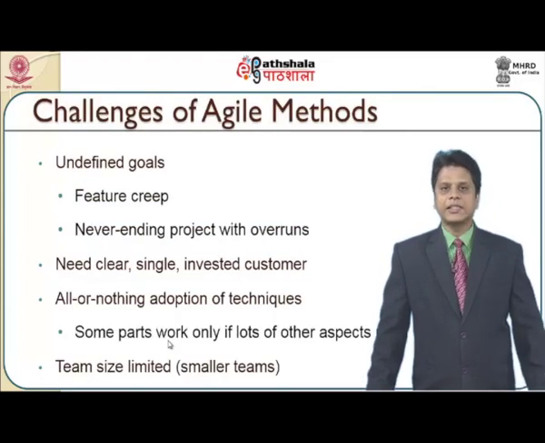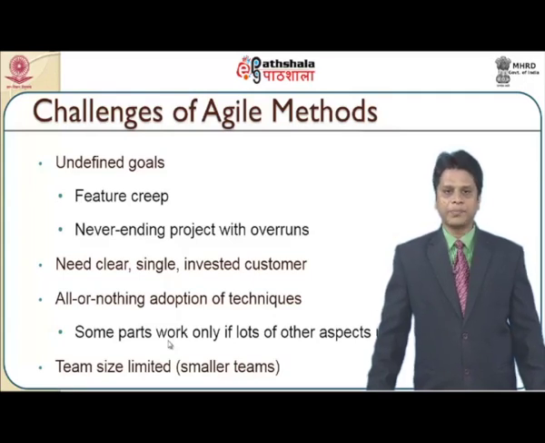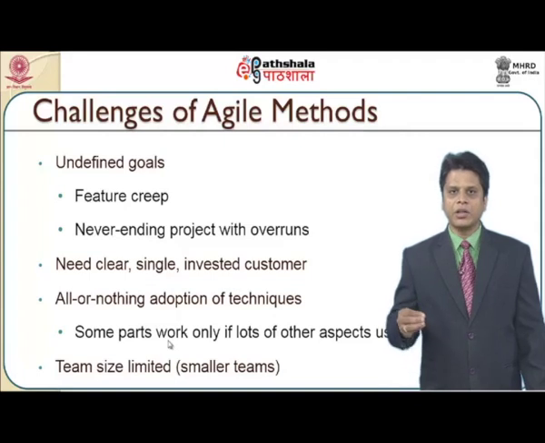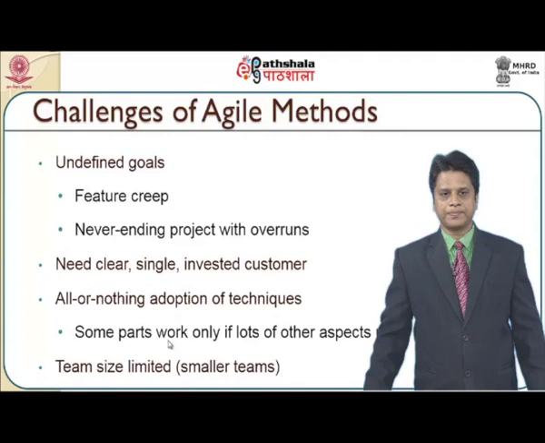Some of the challenges these agile methods face are undefined goals, where features or user stories are more dominant, and never ending projects with overruns. There are projects which are continuously developed over different increments, and these kinds of projects will surely overrun on cost and time frame.